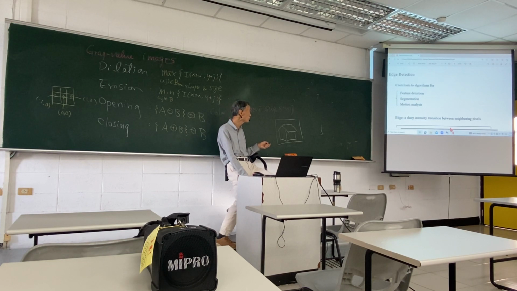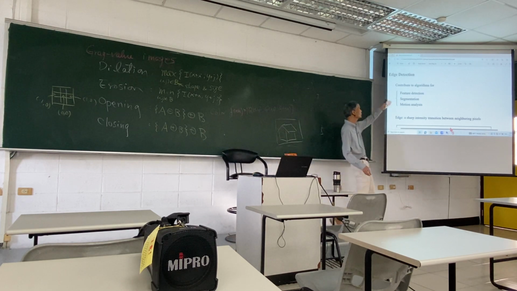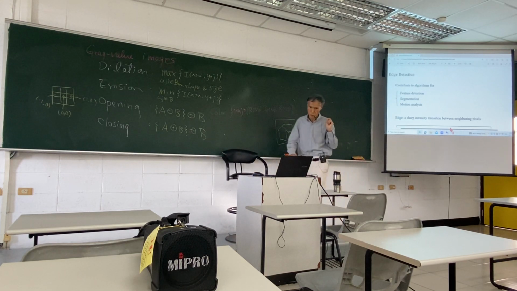Or we can simply use the edges for segmentation, to segment an image into different regions. It can also be used for motion analysis. I don't believe we have the time to cover that, but we focus on how to extract the edges and use them as a feature representation.